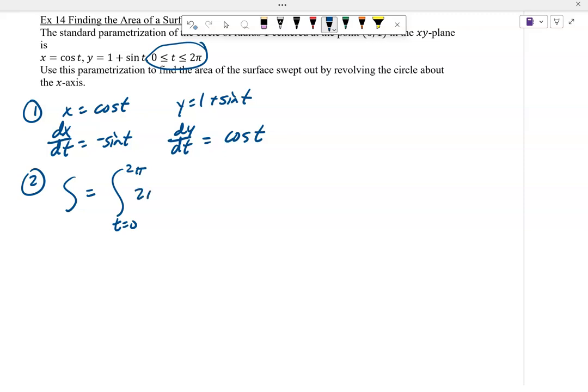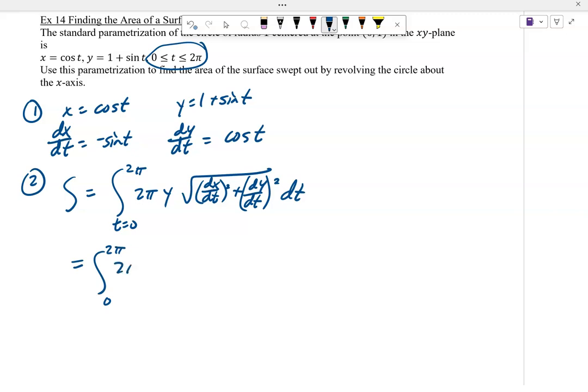And we got 2 pi, and we've got the y. Let me write the formula first. This is the square root of dx dt squared plus dy dt squared, dt. Okay. And so we've got from 0 to 2 pi, and we're going to throw in our y.